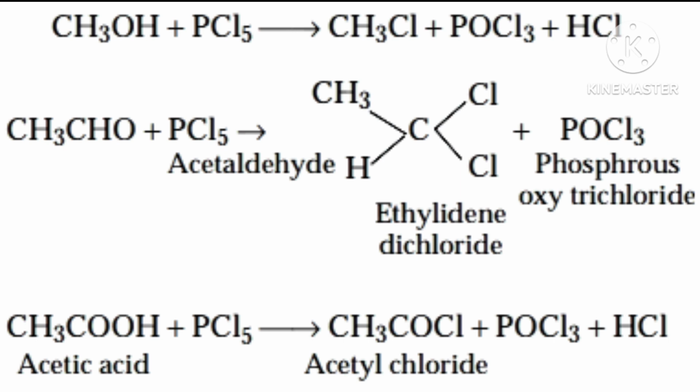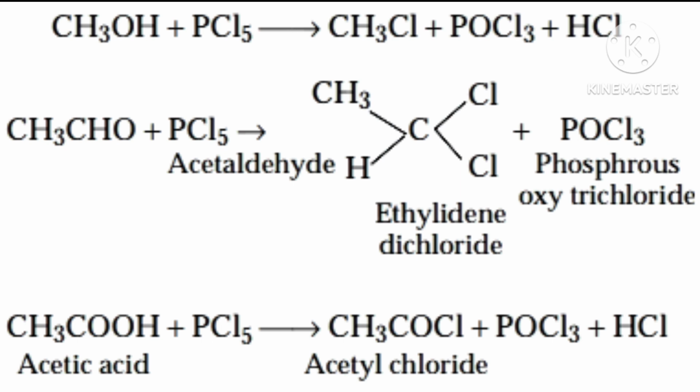This happens only in the gaseous and liquid phases, but in the solid state, it exists as an ionic solid. What is the cation and what is the anion? PCl4 plus is the cation, and the anion is PCl6 minus.